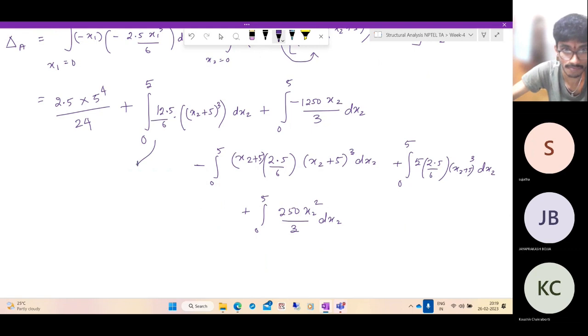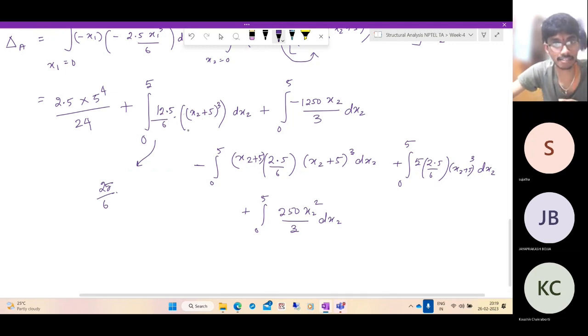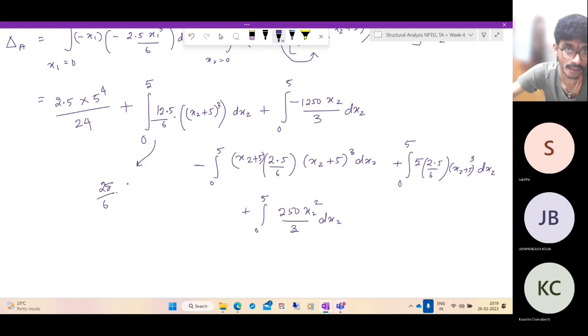So this one, 12.5 by 6, and this is also 12.5 by 6. So it's 2 times. So we get 25 by 6, x2 plus 5 the whole cube. If you integrate this, you'll get x2 plus 5 the whole power 4 by 4 within the limit 0 to 5.